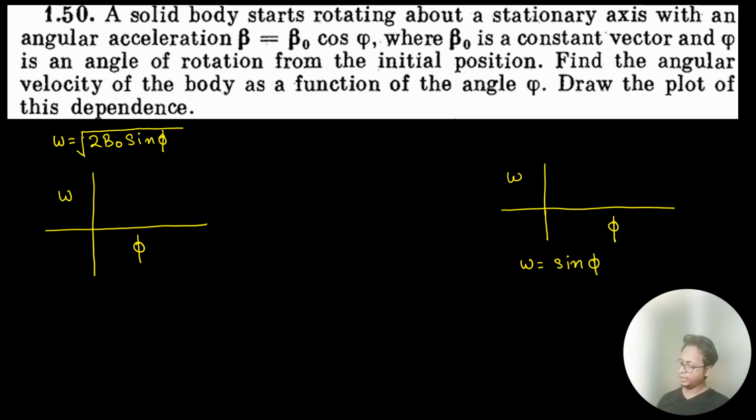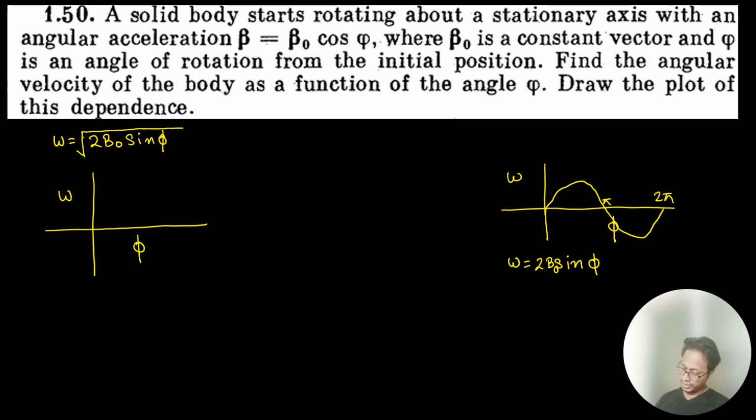We'll learn the details in the chapter of functions in mathematics, but right now I'll just give you a brief. If omega equals sin theta, the graph would look somewhat like this. This is pi, this is 2 pi. Now if I add 2 beta naught, what would happen?